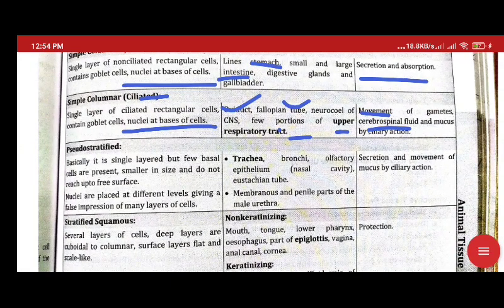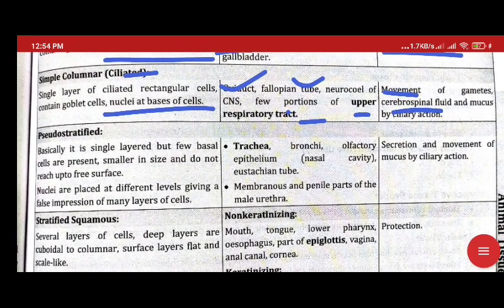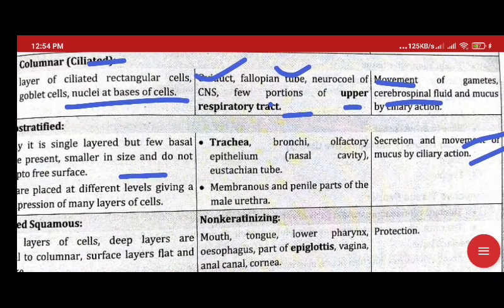Now in pseudostratified we have seen that this is a specialized type of tissue. From the basement membrane, some cells are small, some big. The nuclei are at different positions and levels, so it looks multicellular, but originally it is unicellular and single layered, not made of different layers, so it only looks stratified.